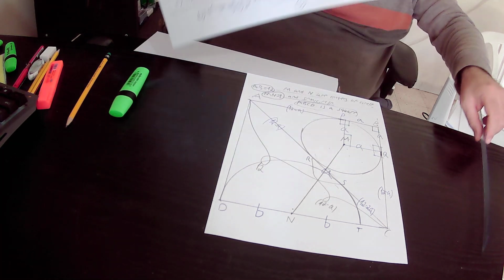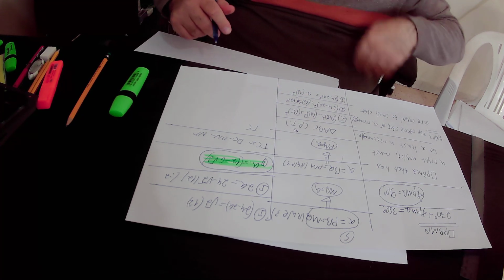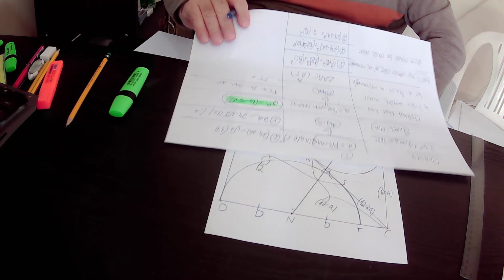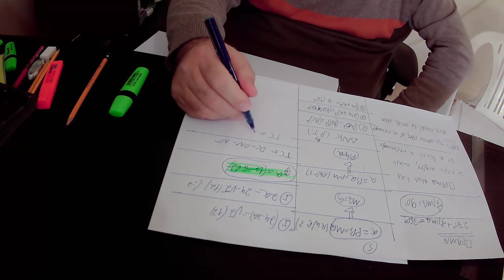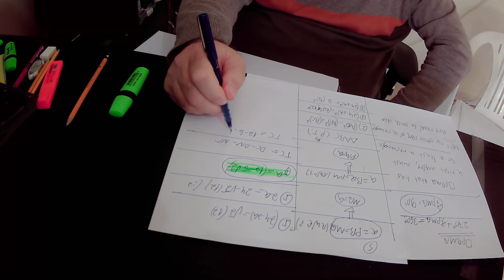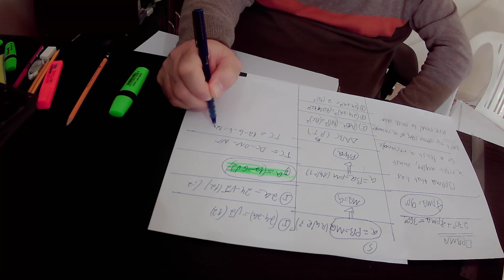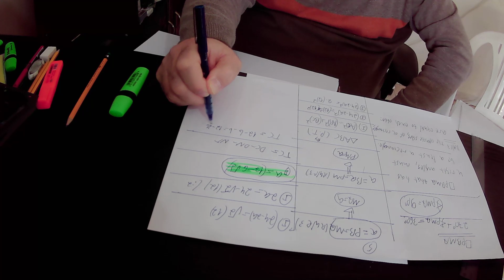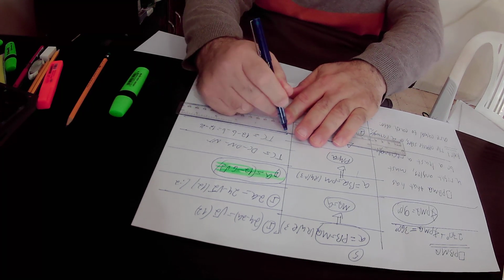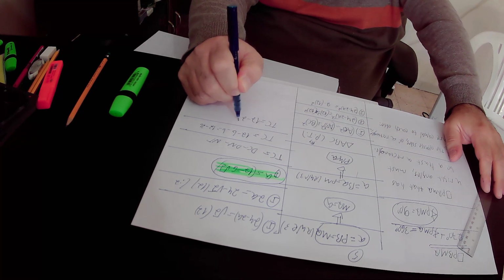DC equals 12 units, it is one side of square ABCD, minus DN, that is B, minus NT, that is also B. So in conclusion, we found out that TC equals 12 minus 2B.